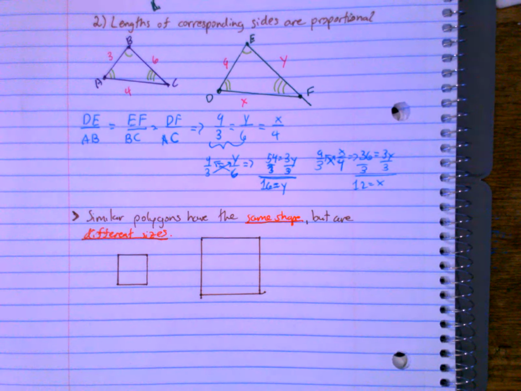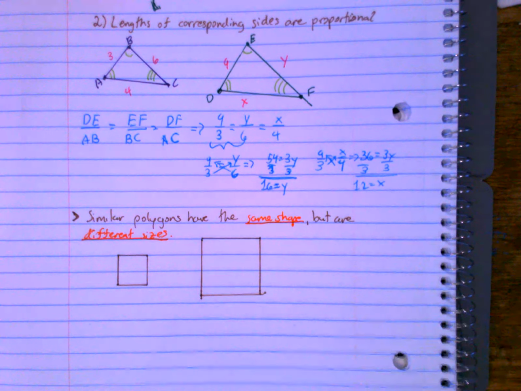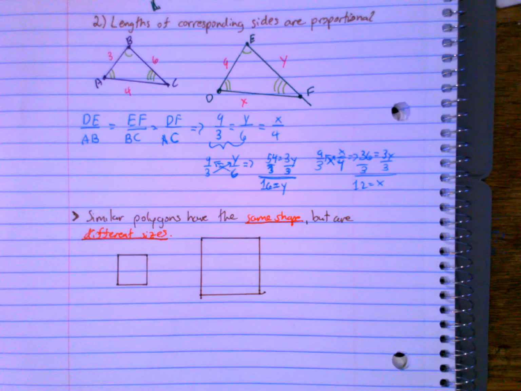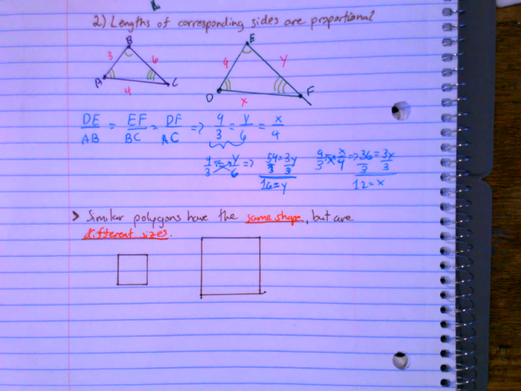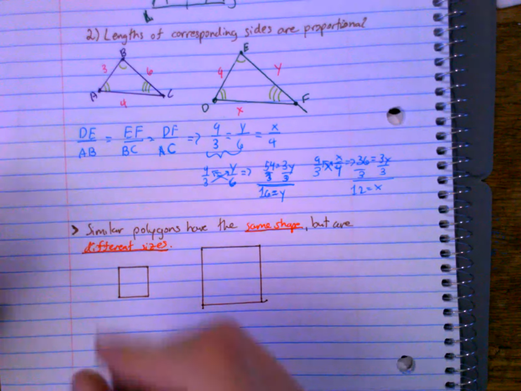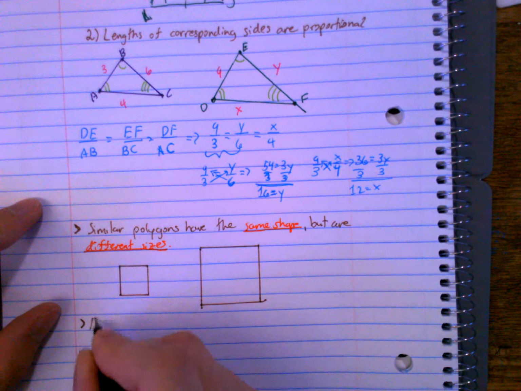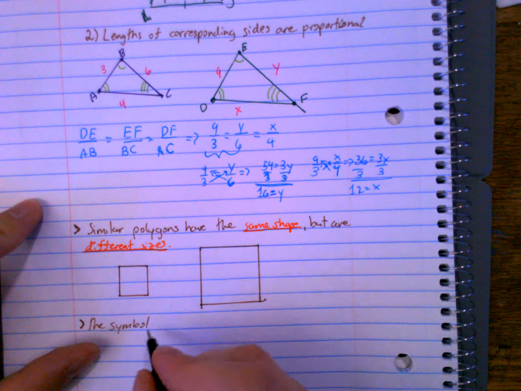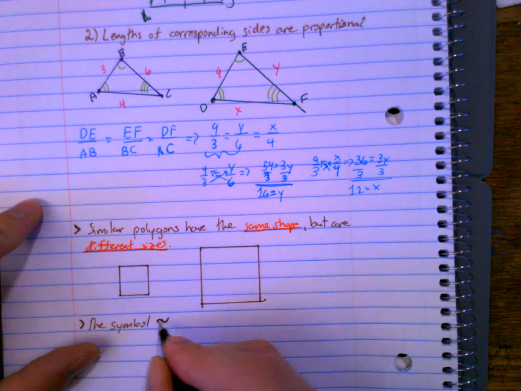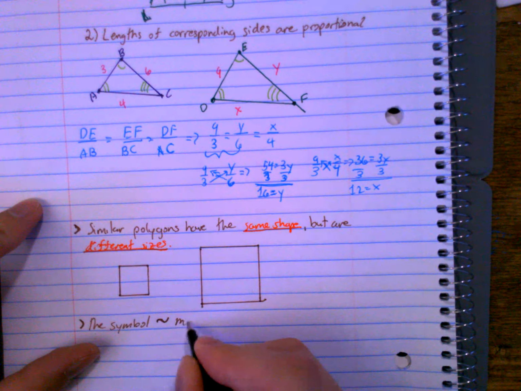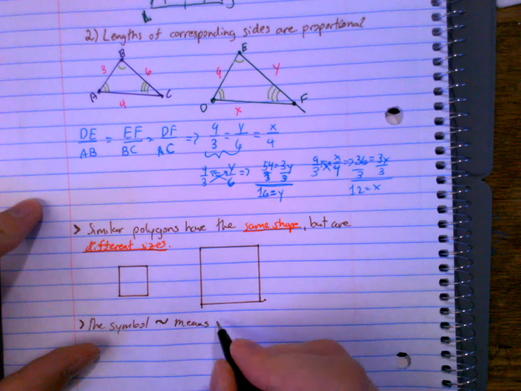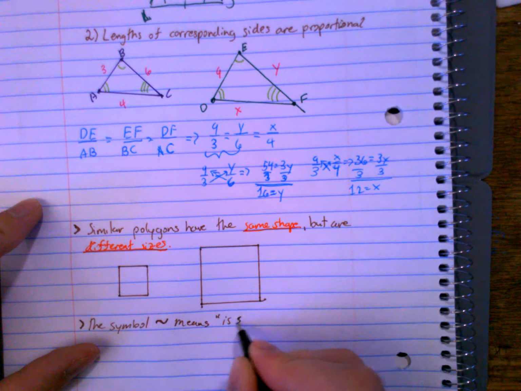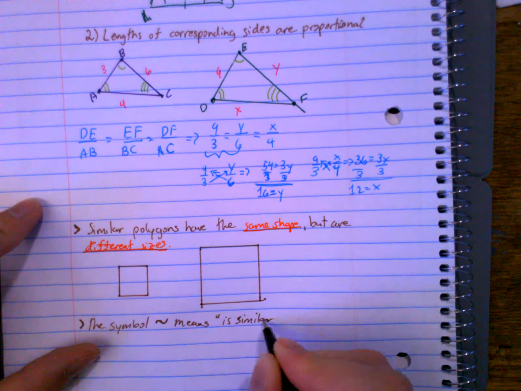These two shapes are similar. The symbol for similar is just a squiggly line like this, without the equals, and it means is similar to.